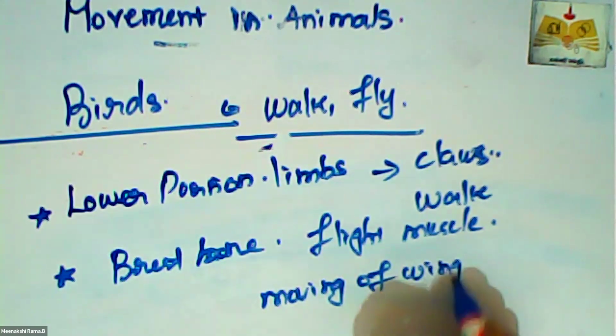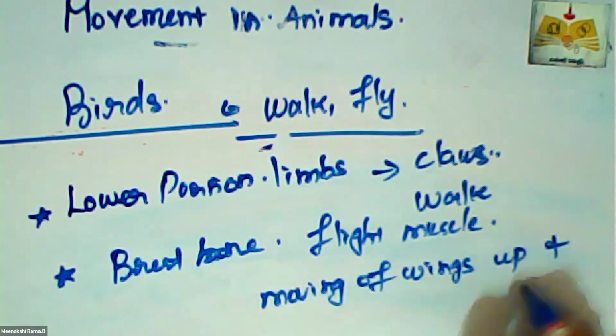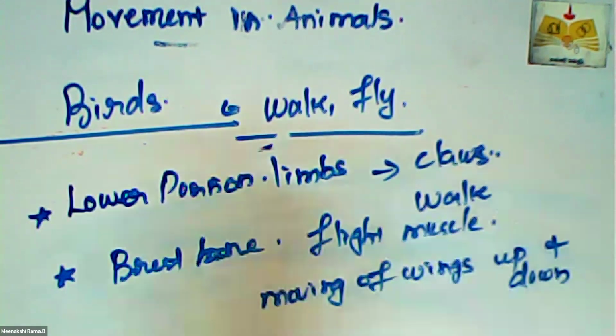In this way, the birds are flying. So birds have special flight muscles, and the forelimbs are modified into wings. The wings, the tail and the long feathers also help flying.